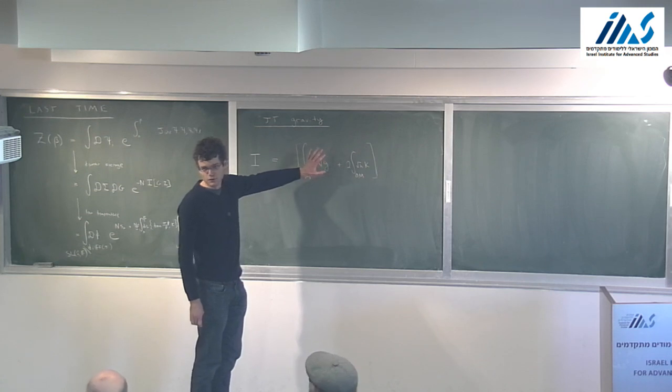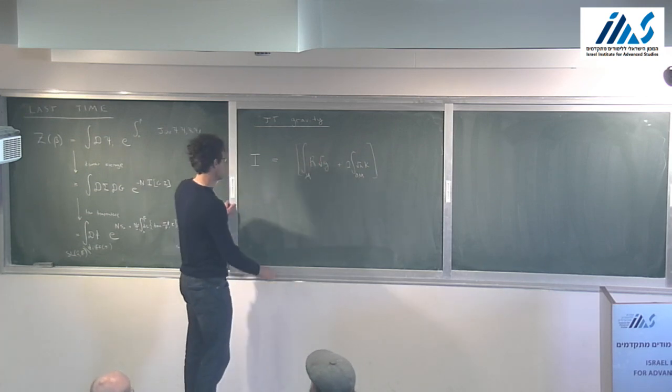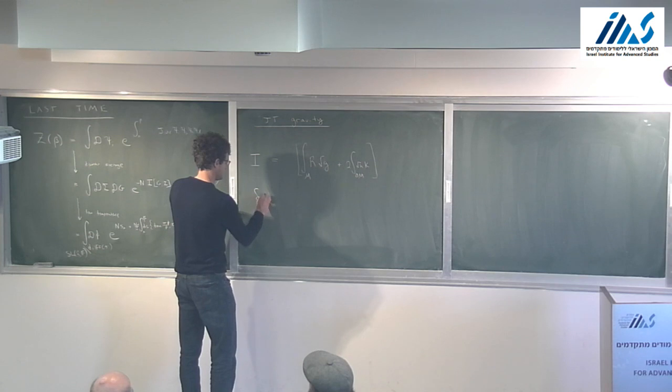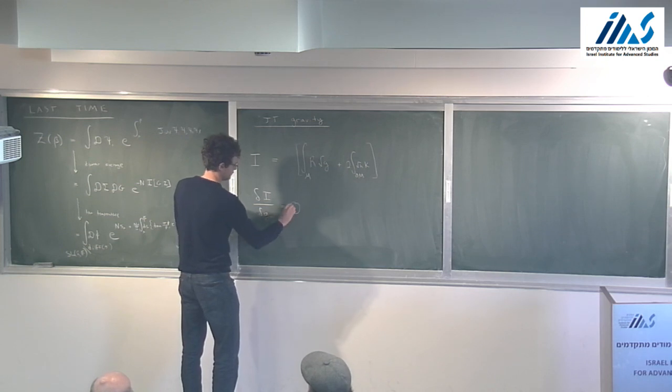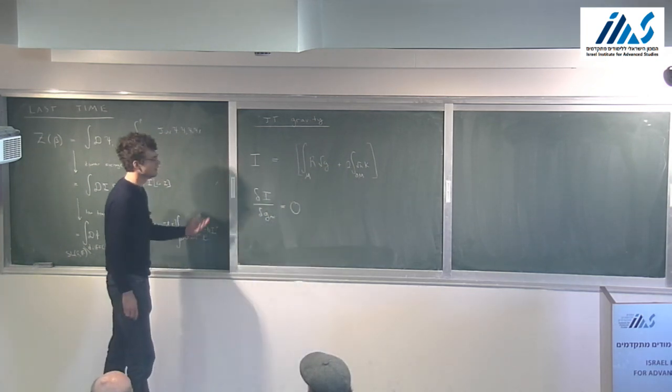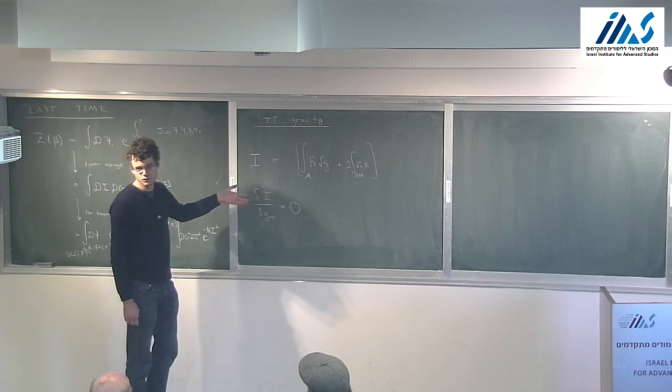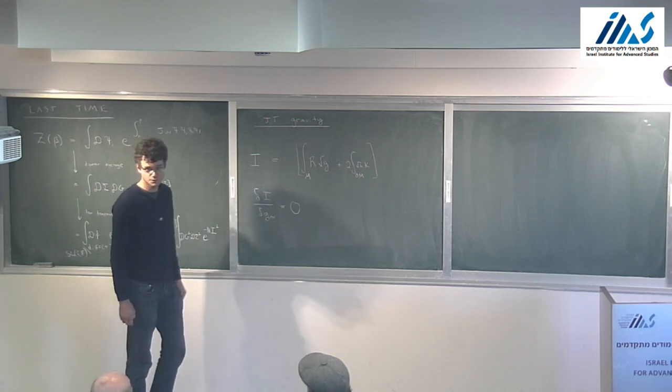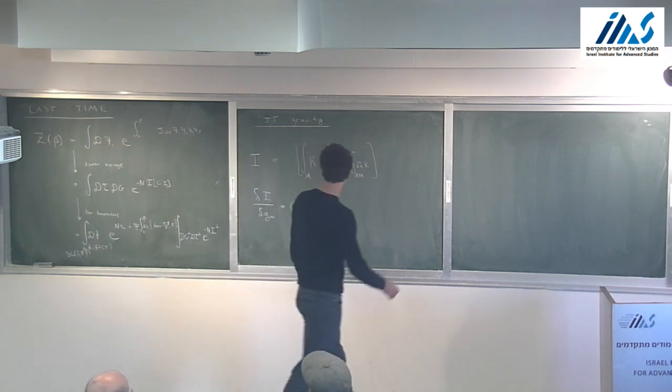It's proportional to the Euler characteristic. So if we vary this action with respect to the metric, then we find just 0. In a sense, it has AdS2 as a solution, but it has any space as a solution. This theory is much too floppy. So this won't do.